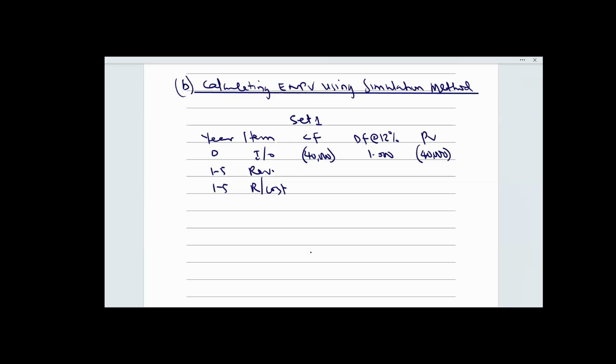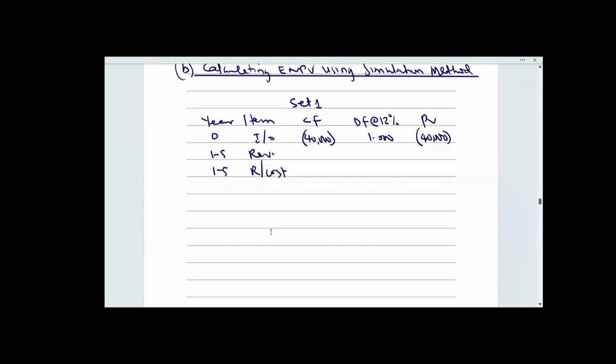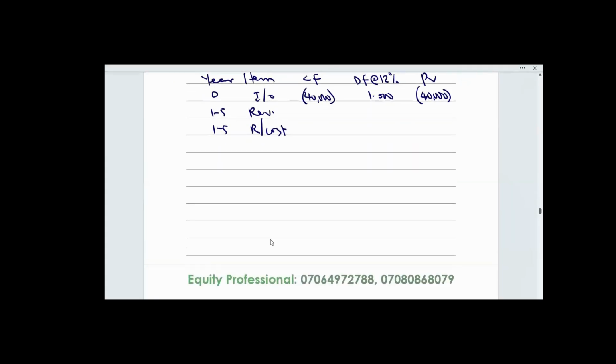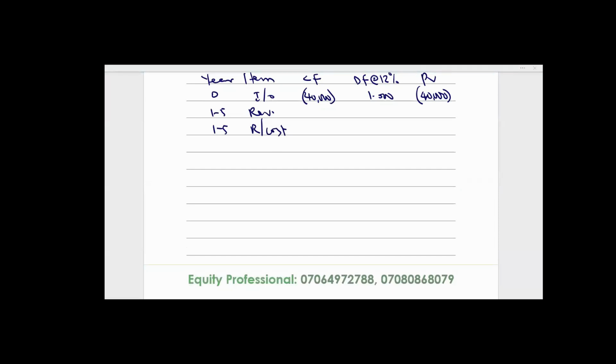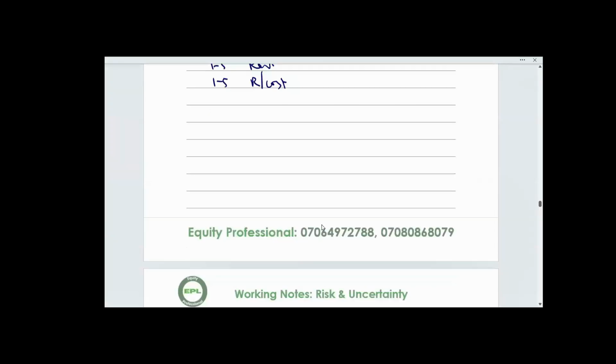Now for set 1, you go to your simulation. What's the random number for set 1 revenue? Random number is 30. So you then go to your simulation table.